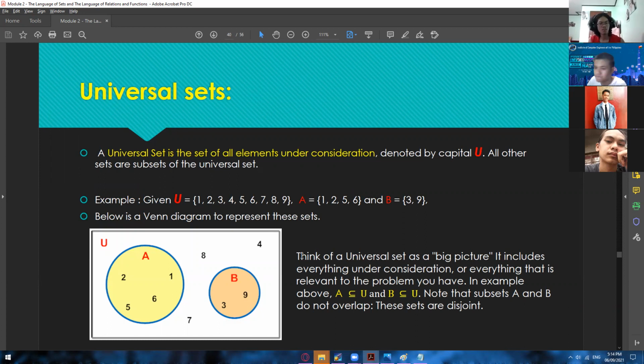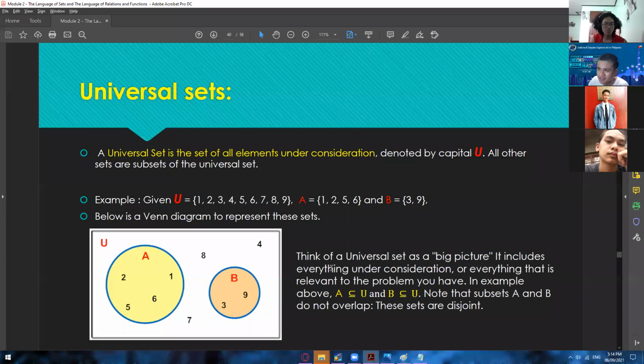Okay, so where is the part that you are getting confused? Could you please elaborate more? What do you mean? Like what is your difference?